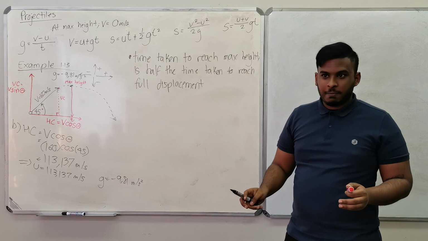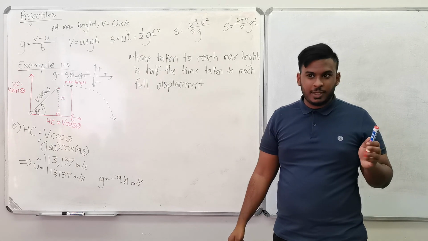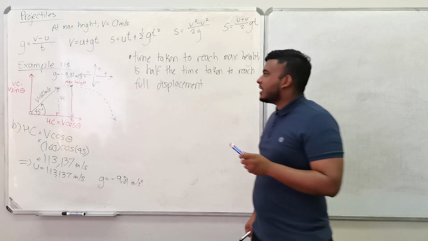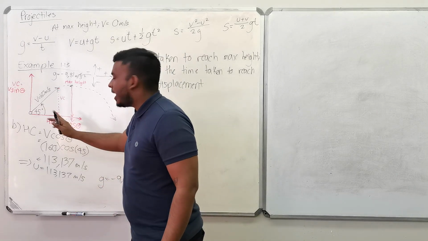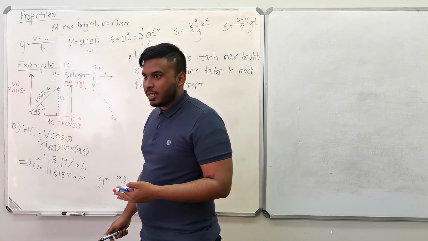You understand that? Everybody understands, right? So using the values we had for our maximum height, we're going to work out the time that it took to actually reach that maximum height.